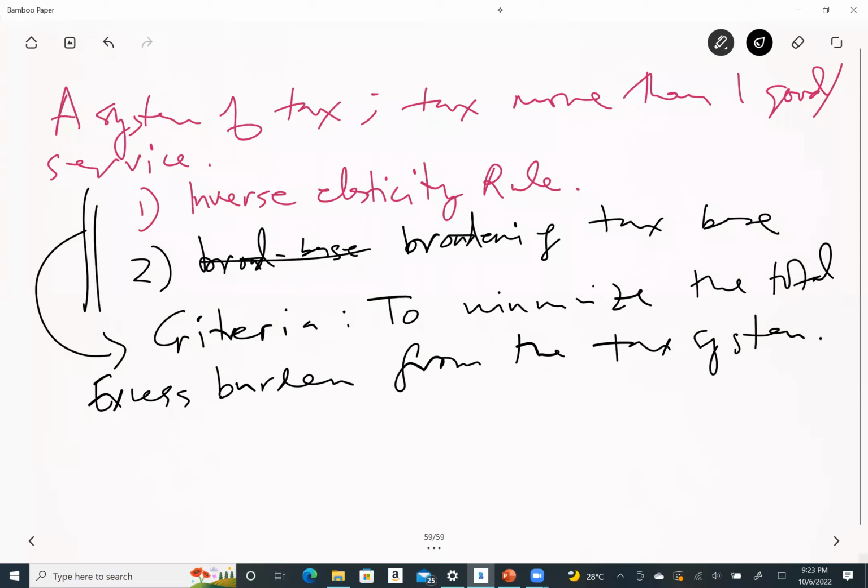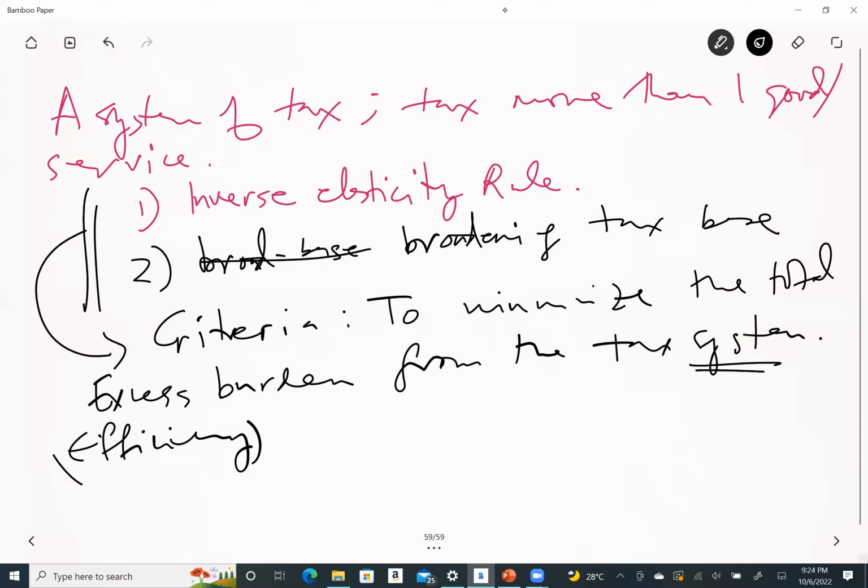So that is the objective. Now, this criteria is called the efficiency criteria. So what is the efficiency criteria of taxation? To minimize the total excess burden from the tax system.